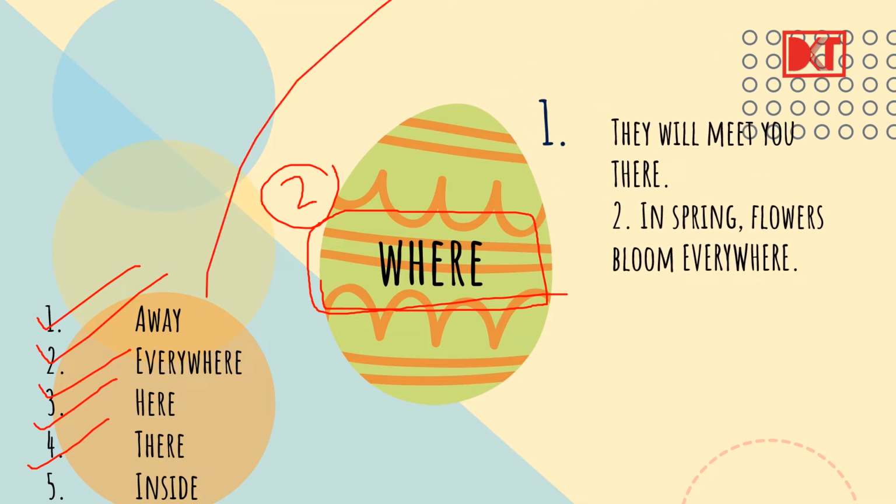Now the examples in sentences, they will meet you there. So where will they meet you? They will meet you there. Then where do flowers bloom in spring? The second sentence. The adverb answering the question is everywhere. Alright. So the second category is where. Now next.